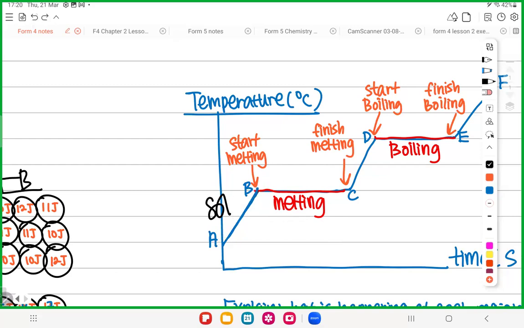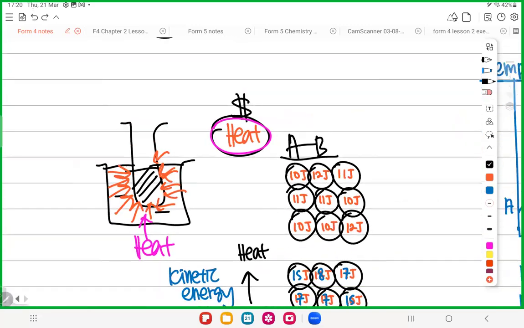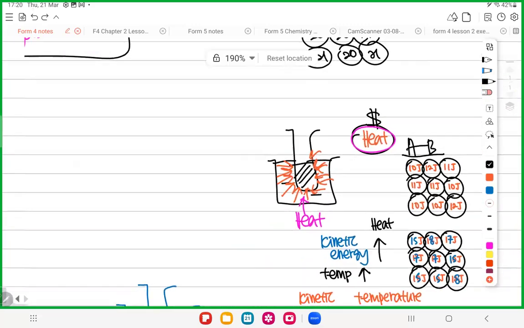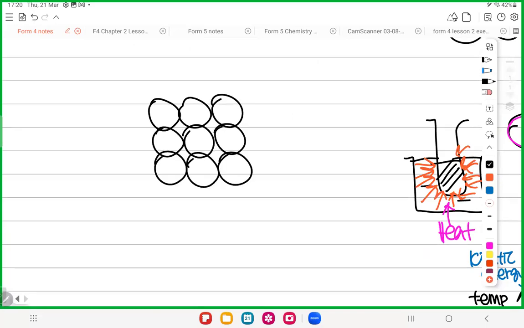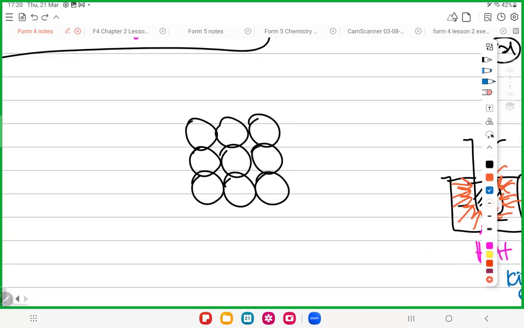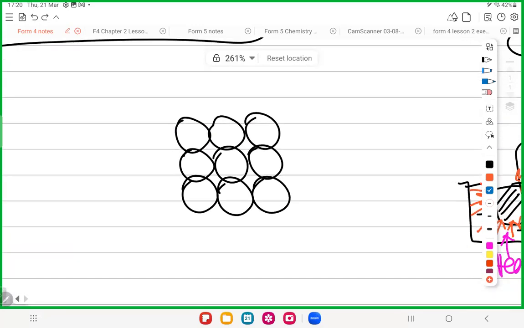So now we need to know what happened. Everyone, you can see this is how the solid looks like. Solid particles look like this. So all the solid particles here, they have their energy.